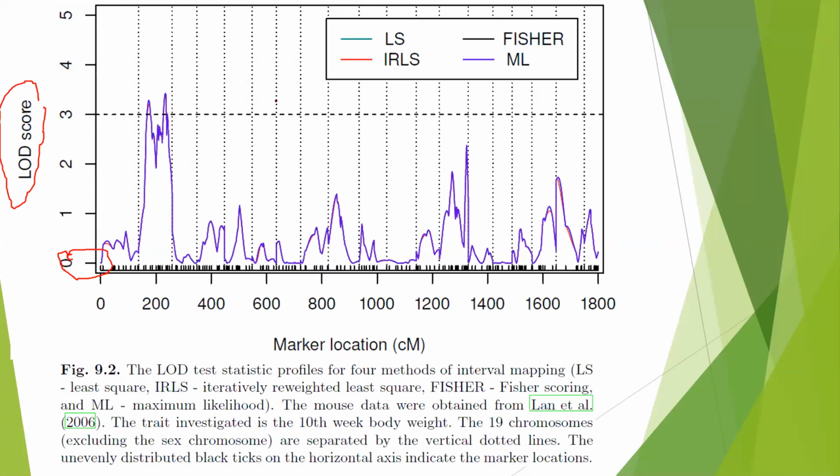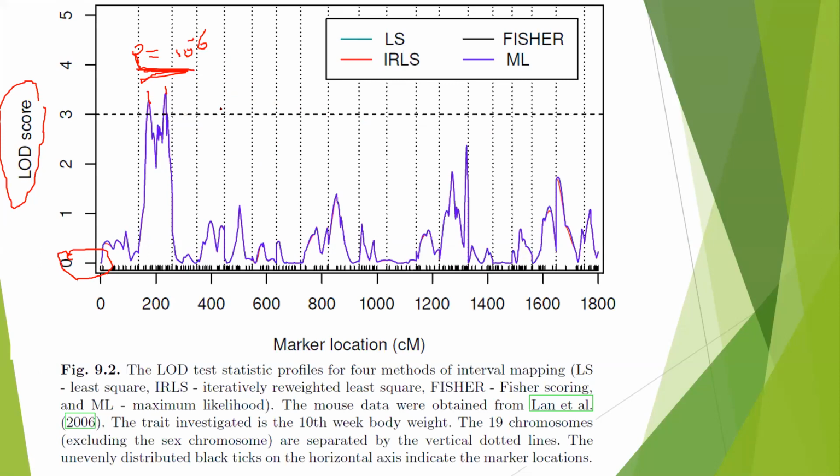For example, these two peaks probably represent a p-value of about 10 to the minus 6. Because we test each locus using this p-value or LOD score, a small p-value shows the null hypothesis is not true.